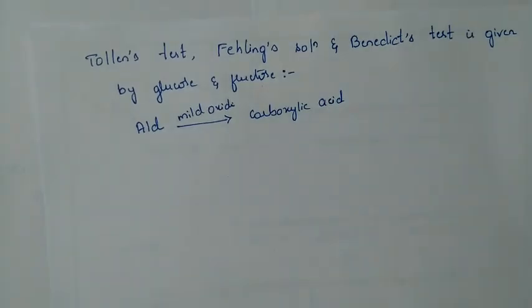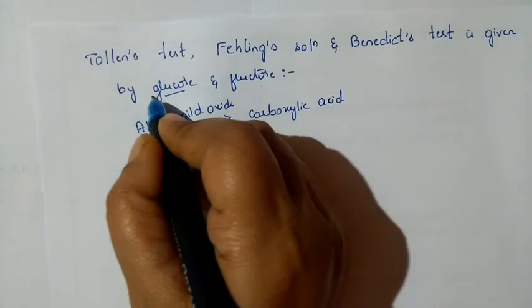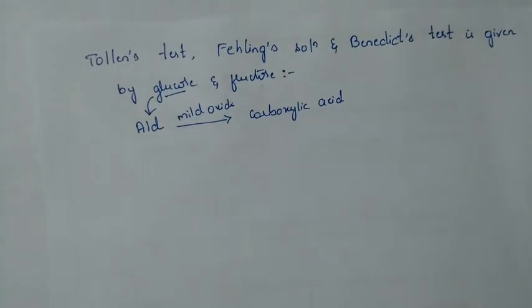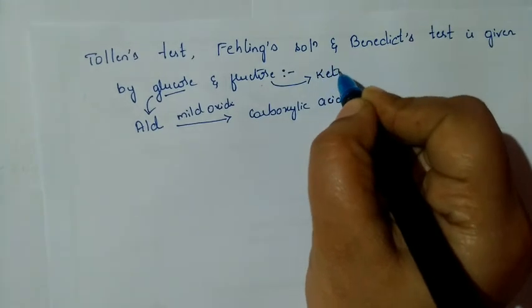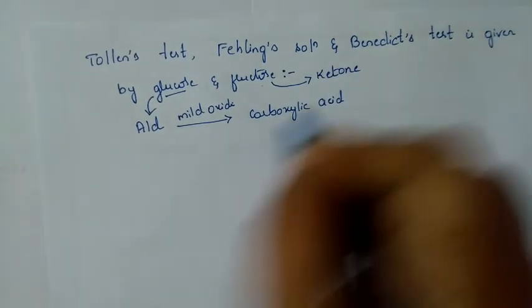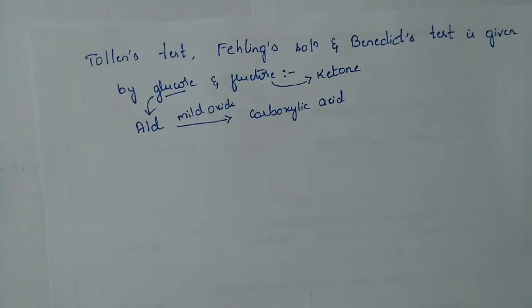In glucose we have an aldehyde, but in fructose we have a ketonic group. Then how does fructose give Tollens test, Fehling's solution test, and Benedict's test?